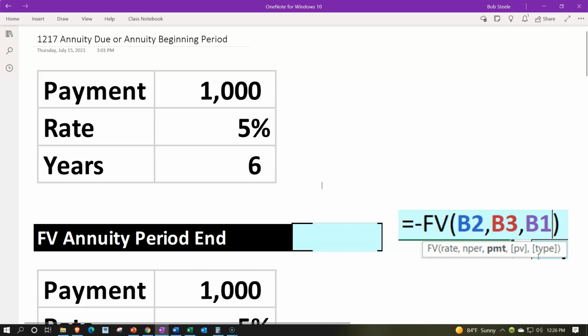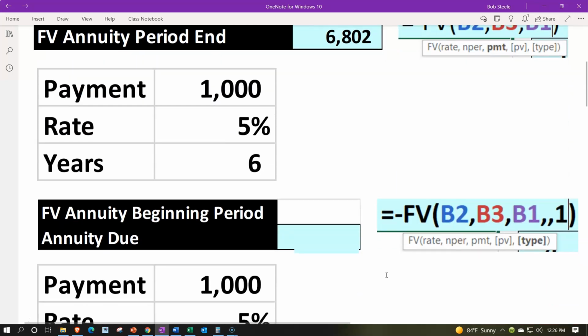The type is where you can say, do we want this to be a normal annuity, or do we want the annuity to have the payments at the beginning of the period? Again, if you ignore the type and just do not put the type in there, the default will be that it's a normal annuity. That's why we haven't really worked with the type at all, because we're typically working with normal annuities.